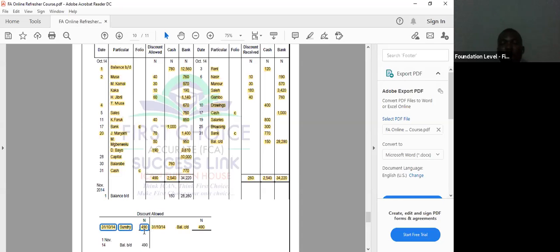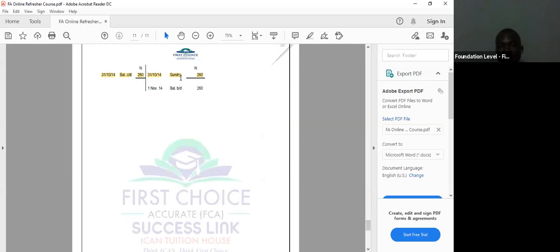The opposite is for discount received. Discount received is treated as a gain, so it is treated as revenue, as income to the organization. Revenue, gain or income are credit entries, and that's why we have it on the credit side to be 260.